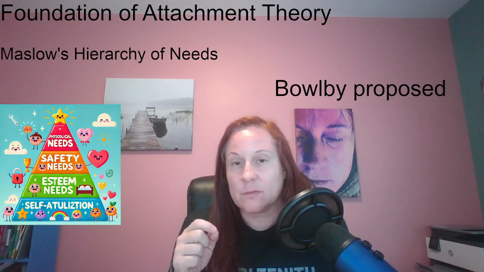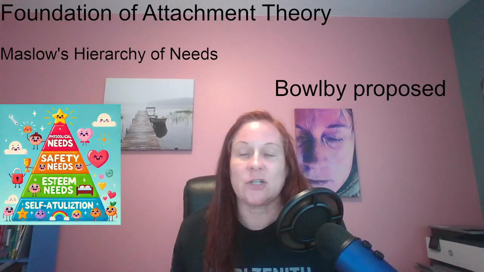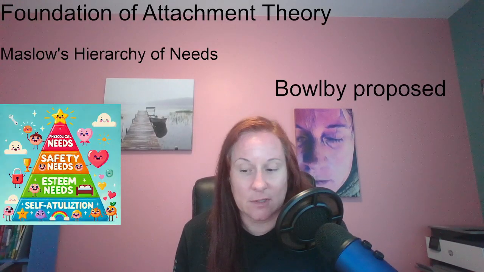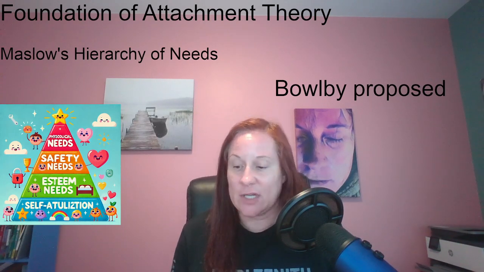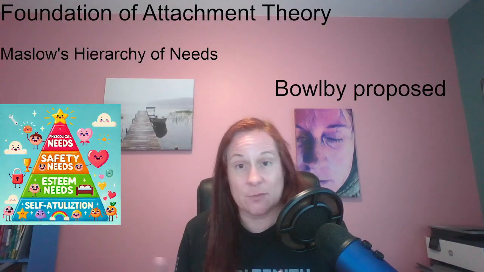So John's foundation is that children have an innate drive to form attachments because these bonds ensure safety and survival. A caregiver's responsiveness and availability provide the secure base from which the child can explore the world.